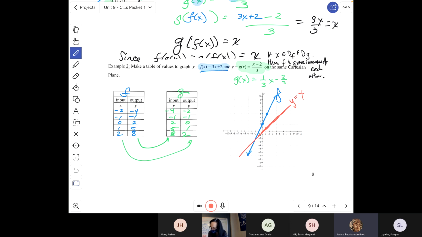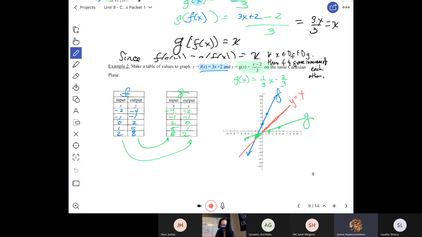Right, that works too. (-4, -2). We knew those points were going to be there. (2, 0), (5, 1). So do you see, all you have to do is get a table of values.